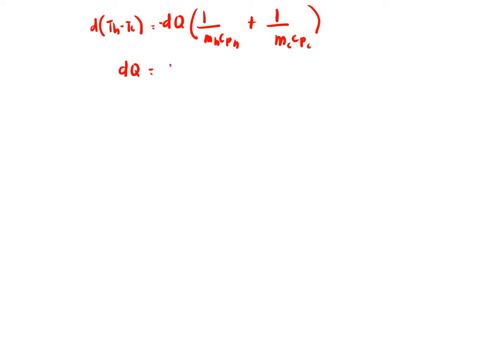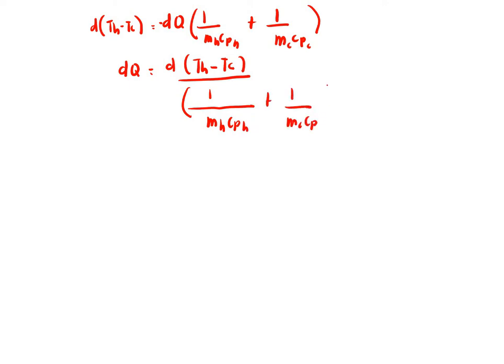Okay, basically from 11.21 we have del TH minus TC is equal to del Q times 1 over MH CPH plus 1 over MC CPC. So rearranging this equation, del Q is equal to del TH minus TC over 1 over MH CPH plus 1 over MC CPC.